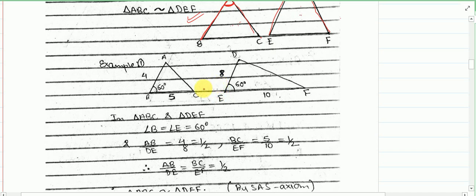Now here what do we observe is, angle B is 60, angle E is 60. So we got angle B equal to angle E. Then what we observe is, here it is 4 and here it is 8. So 4 by 8 is coming half. Here it's 5 and here it's 10. So 5 by 10 is also half.